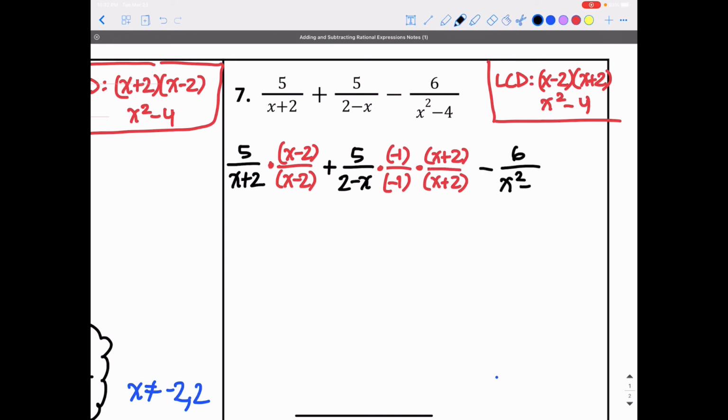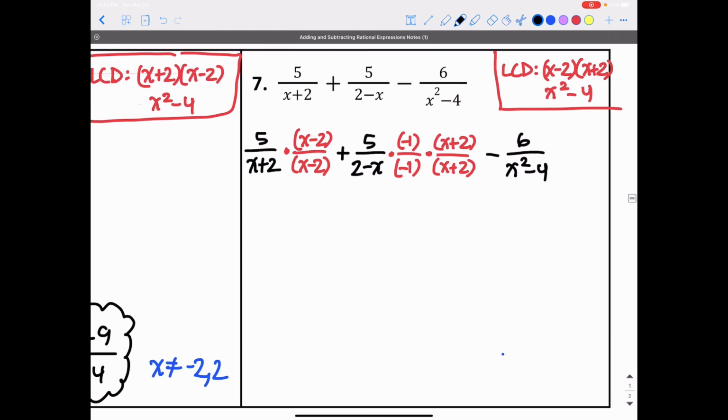It doesn't change. And now I'm going to rewrite the fractions that I have. So the first one, when I distribute that 5, is going to become 5x minus 10 all over x squared minus 4, plus negative 5 times x plus 2.